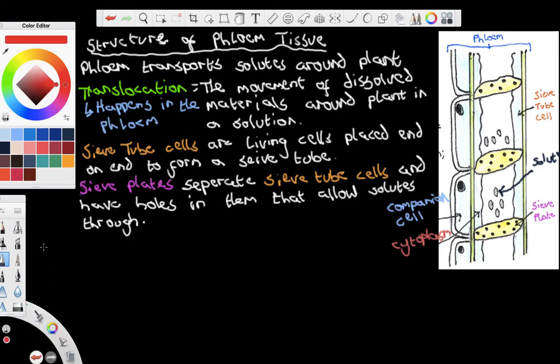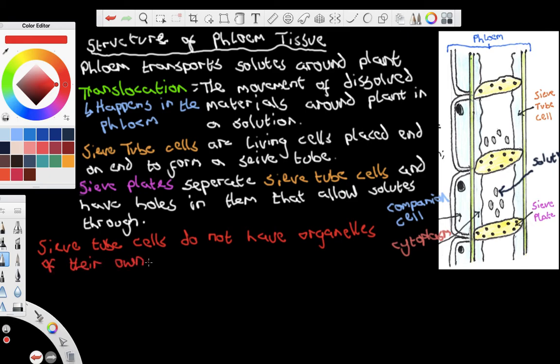So I'm going to put in red that sieve tube cells do not have organelles of their own, but share the organelles of companion cells.